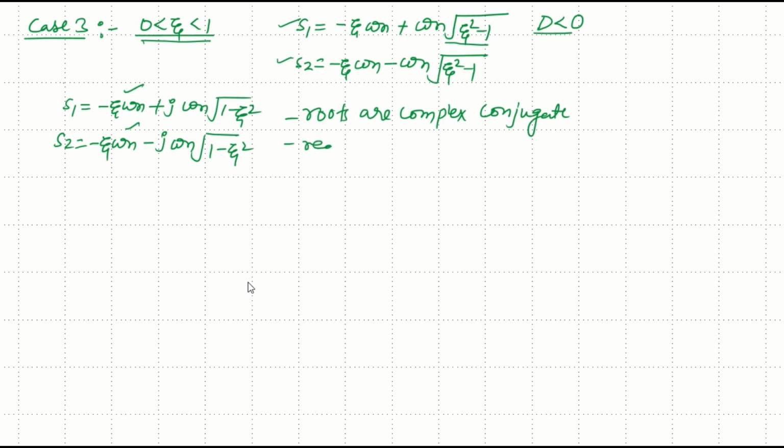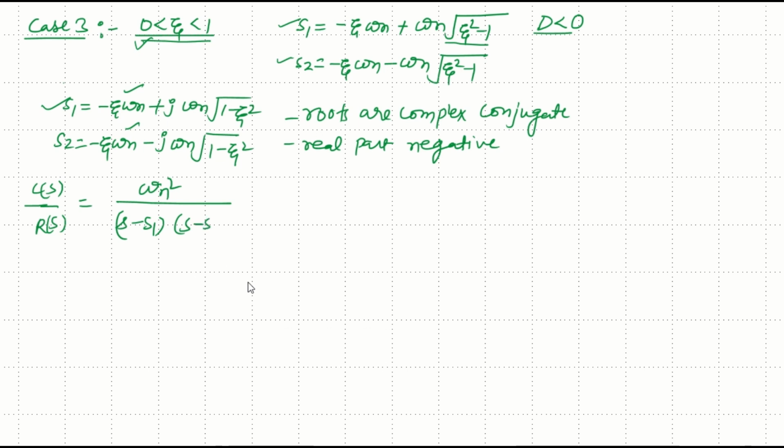So when the value of zeta lies from 0 to 1, the roots are complex conjugate with negative real part. So in this case, the transfer function C(s) by R(s) is equal to omega n square divided by, let us put these values here, (s minus s1) and (s minus s2).